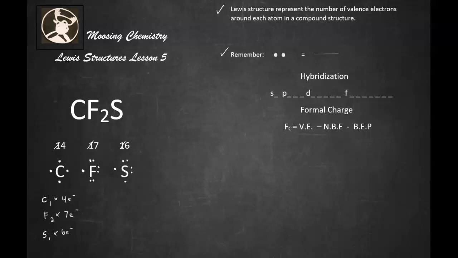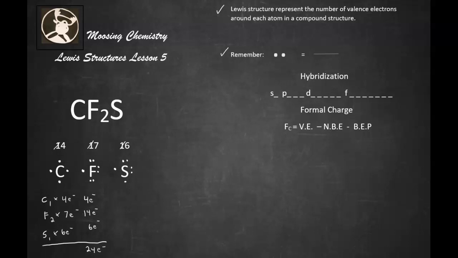All right, so let's do the math. This gives me 4 electrons, this gives me 14 electrons, and this gives me 6 electrons. It looks like it's going to give me a total of 24 electrons. So whatever we draw has to have 24 electrons in it.